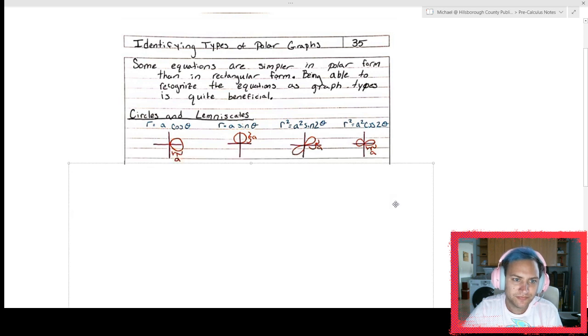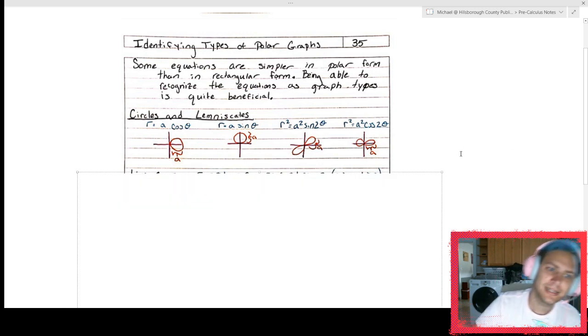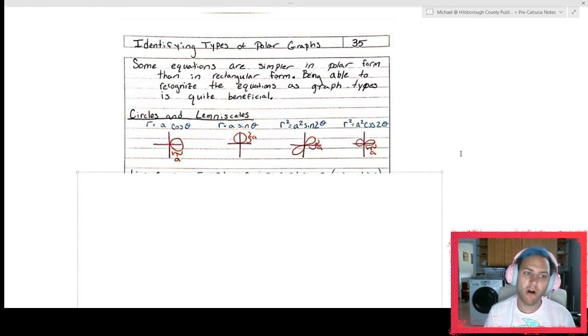So the first one is circles and lemniscates. I'm not sure if I'm saying that right. The way we recognize these is the first one is your circles. If you just have r is equal to a number cosine of theta or a number sine of theta, you know you're going to get a circle. Specifically, that number in front that we call a represents the diameter of the circle.